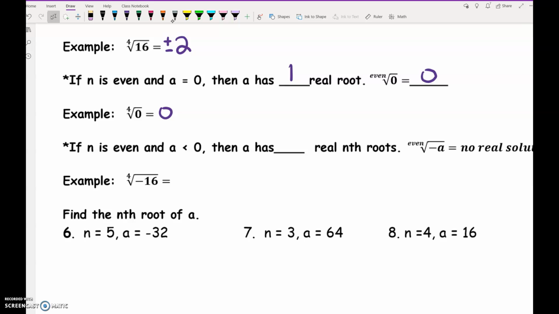Can we take the square root of negative numbers without getting imaginary numbers? No. This would be an imaginary answer, so there's no real root. So if your index is even and your radicand is negative, there are no real nth roots. There's no solutions.